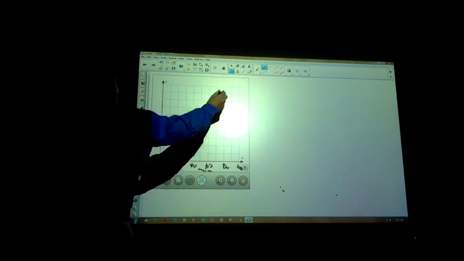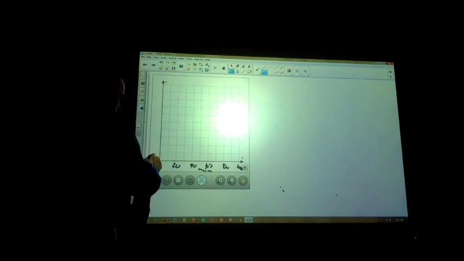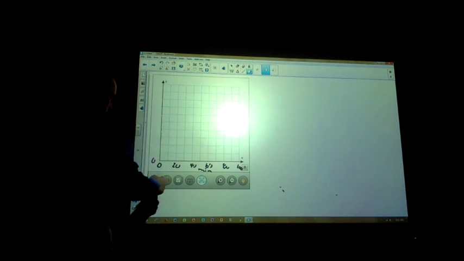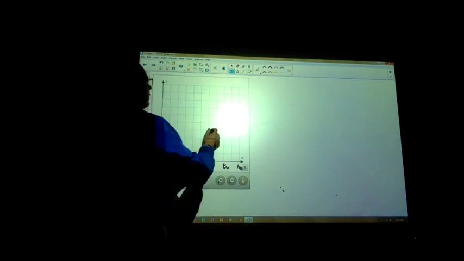So again, let's just change colors. 0 here, and 20, 40. You're supposed to go by hundreds. Oh. Change it. Thank you. I was just looking off with the grid head. But start with 0, right? Yeah. What does it do? Count by hundreds. All right.